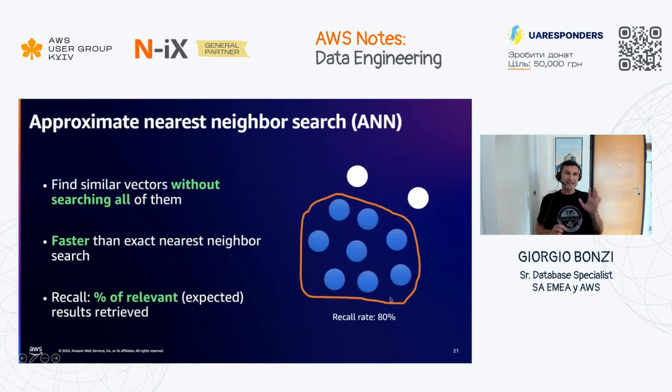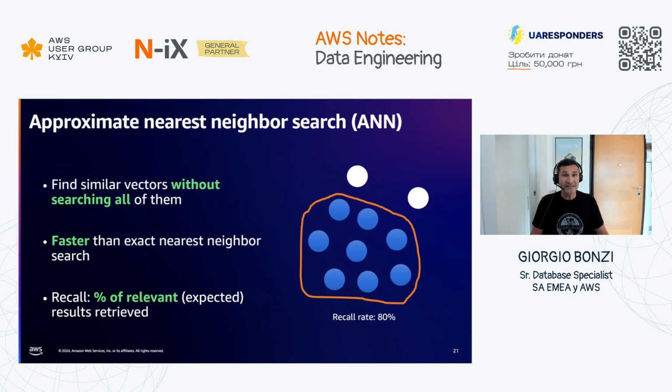Okay, but let's start by introducing the recall concept. When you execute a similarity search, the recall is a measurement of the relevancy or the accuracy of the result. So if you want a recall of 100%, it means that you are retrieving the most accurate results in terms of similarity.